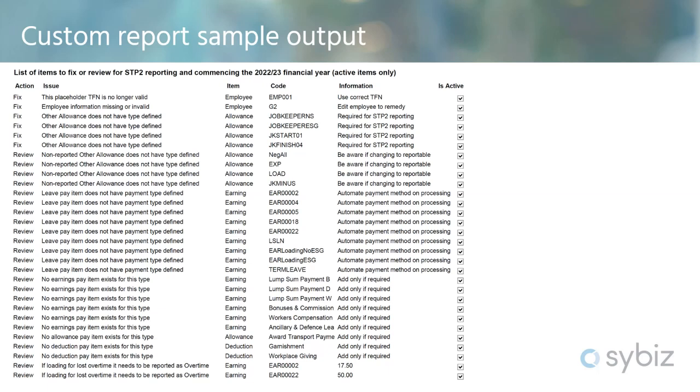It might be something that you'll never pay in a million years because it's not relevant to what you do, so you don't need to add it, but it will highlight and say, hey, if you're likely to have people getting paid a bonus and commission, for example, and you don't have an earning item set up for that, then you might want to consider adding that in. And so that's an idea as to what that custom report does.